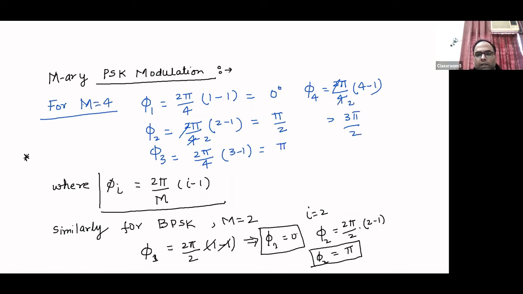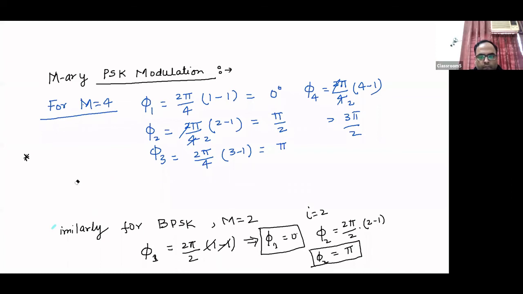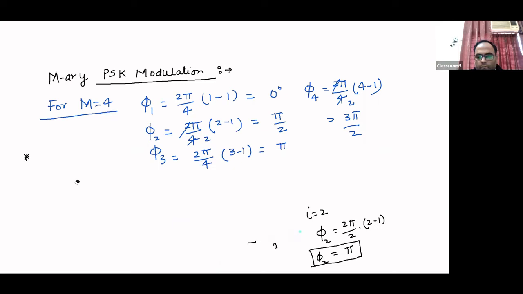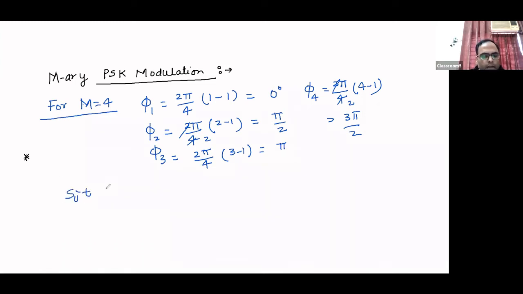So what I mean when I say that these four phases are possible is that your signal was s_i(t), and s_i(t) was A cos(2 pi f_c t plus phi_i).